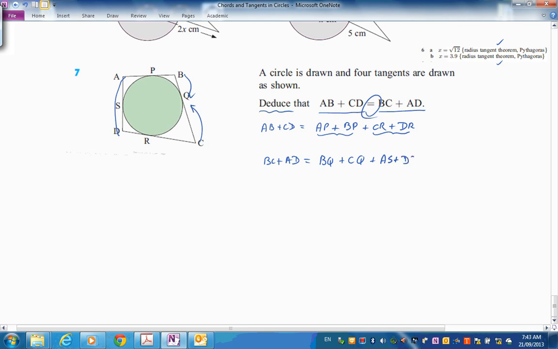Okay. Alright, well they don't look much like each other, but what we can say here is BQ is the same as BP. Up here, BQ is the same as BP. What's the reason for that? Tangents drawn from a common point, if you like. Let's go through and modify all these now.